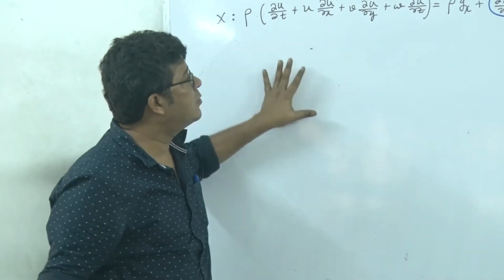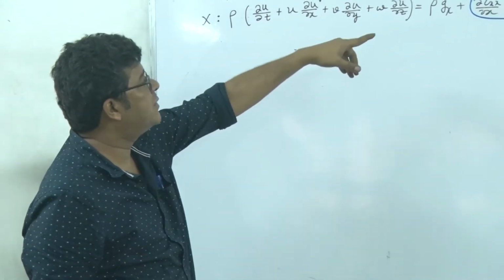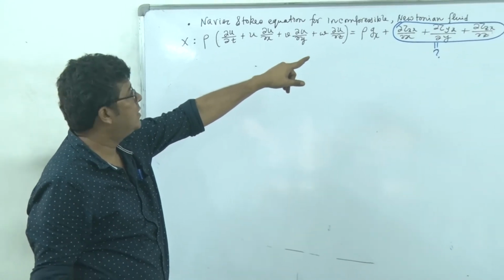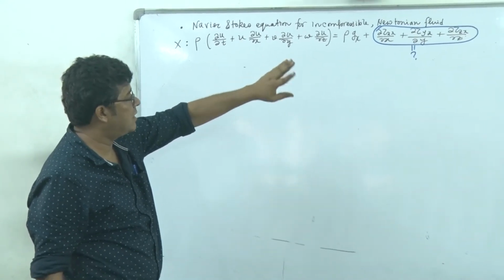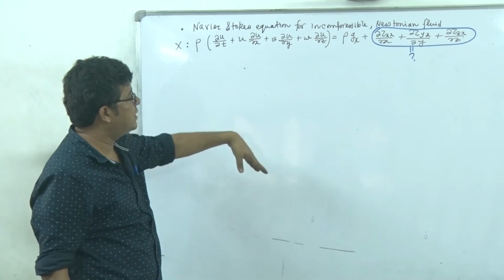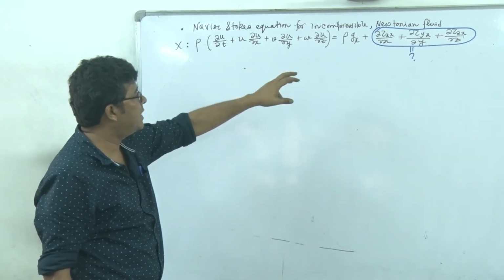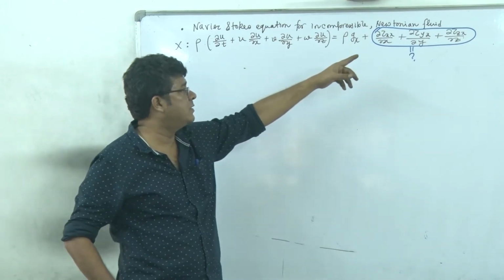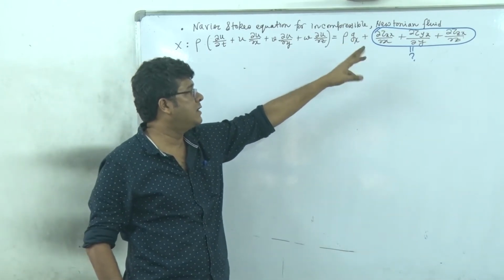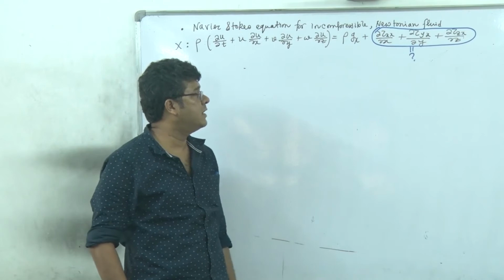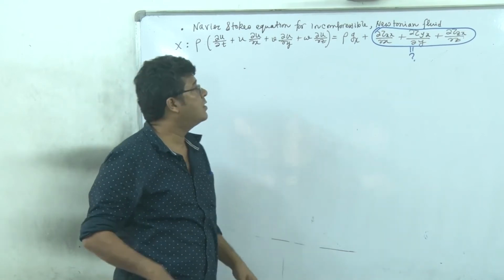So directly I will write the final expression for Newtonian fluid for tau xx, tau yx and tau zx, and additionally for all the others also, which we have already derived from the symmetry of the stress tensor, like tau yx is equal to tau xy, tau zx is equal to tau xz, etc.